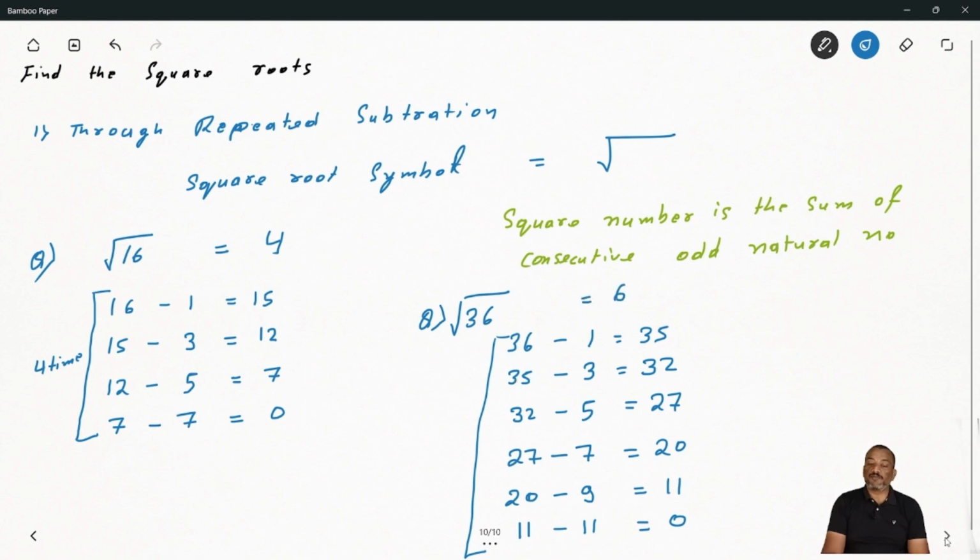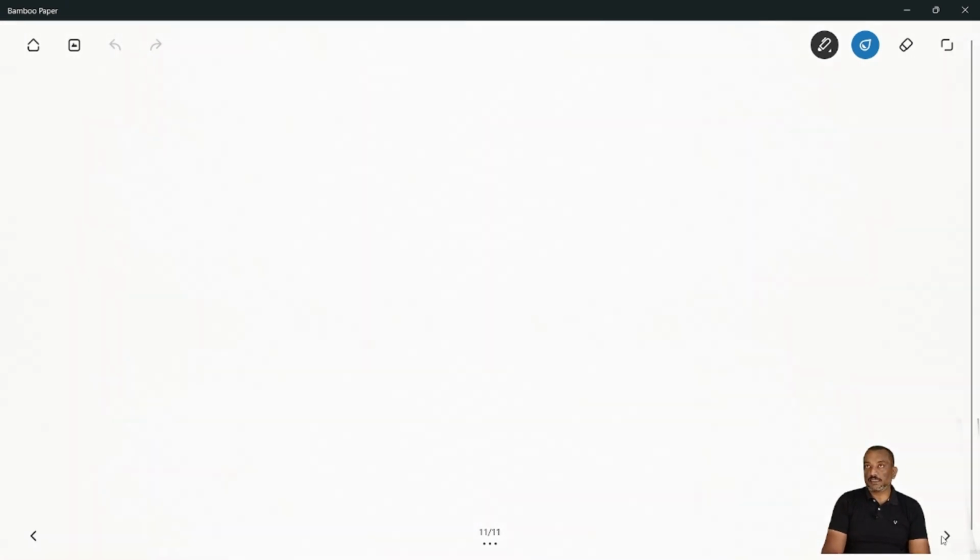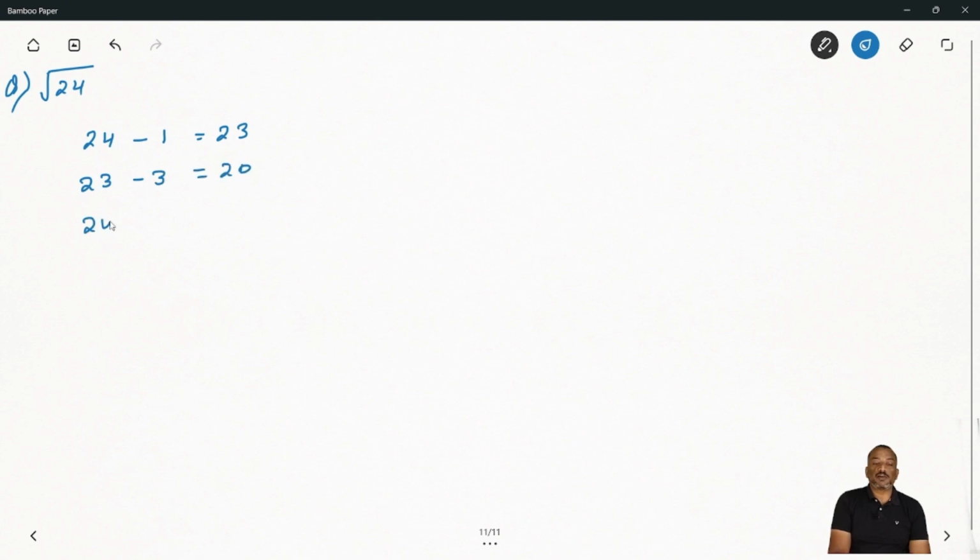In the same way, if 0 does not come, suppose I say find the square root of 24. 24 minus 1 gives 23, and 23 minus 3 gives 20. 20 minus 5 gives 15.